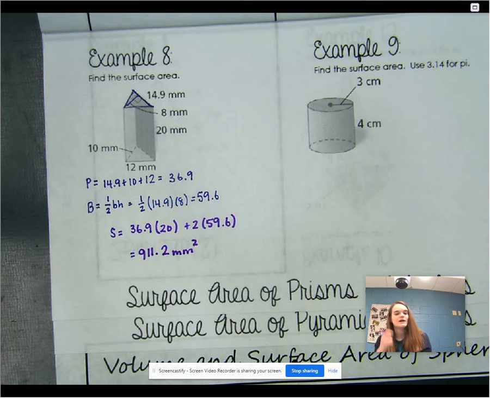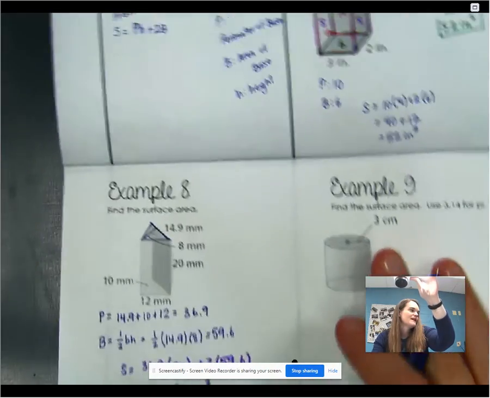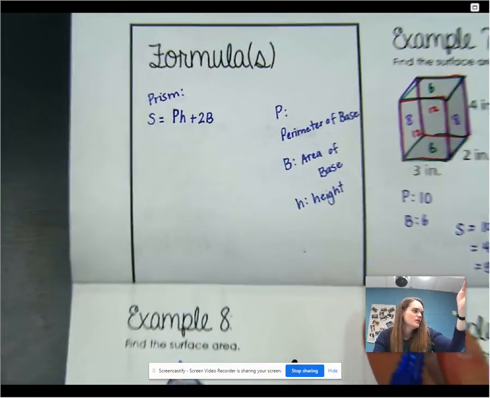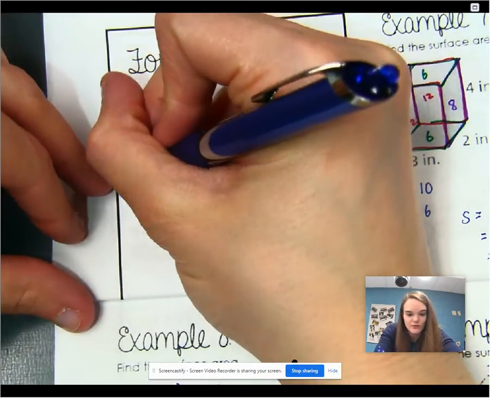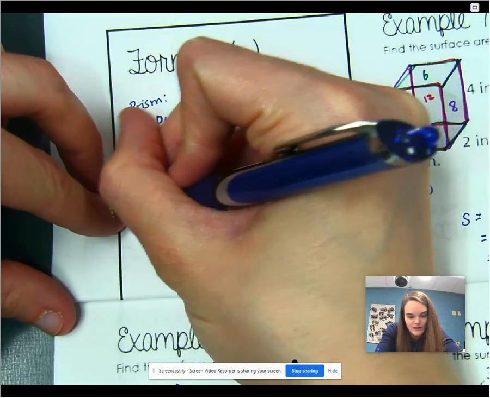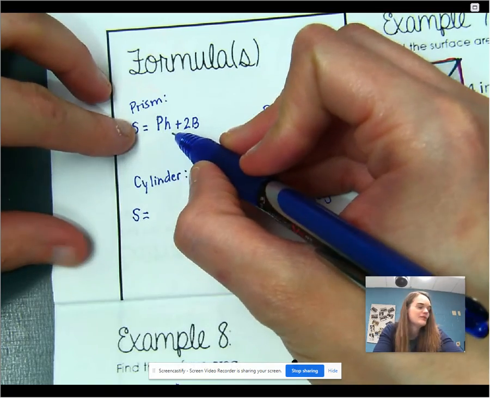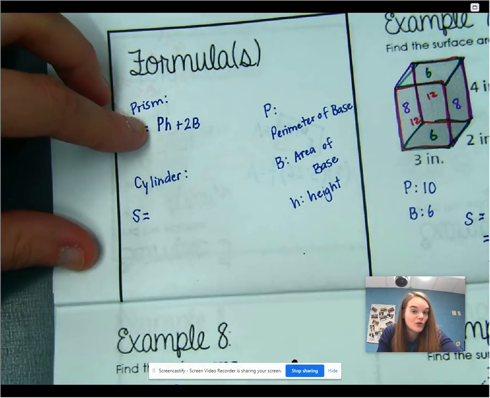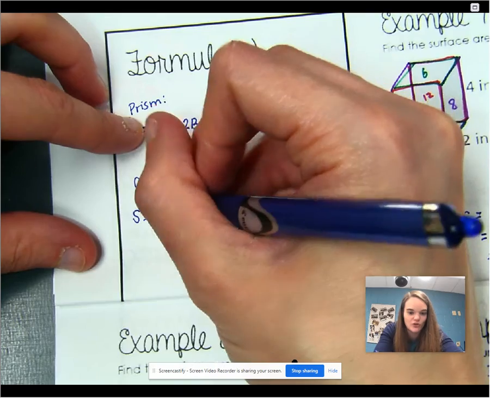All right, example 9 is a cylinder, so we need that formula. Technically, the formula for a cylinder and the formula for a prism are the same, and I'll show you why. In this one, it's perimeter times height. Well, perimeter of a circle is circumference of a circle.